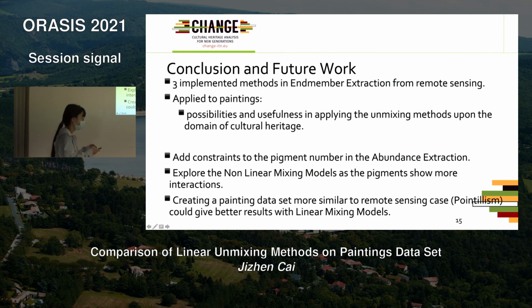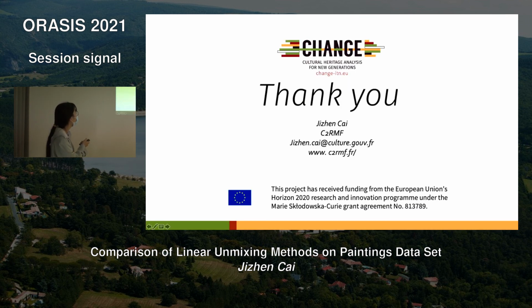If there are 2 pigments in the mixture, the proportion is one to one. But in real cases, the proportion can be very varied. So that's what we will improve in the future. So basically, something like this. Thank you.